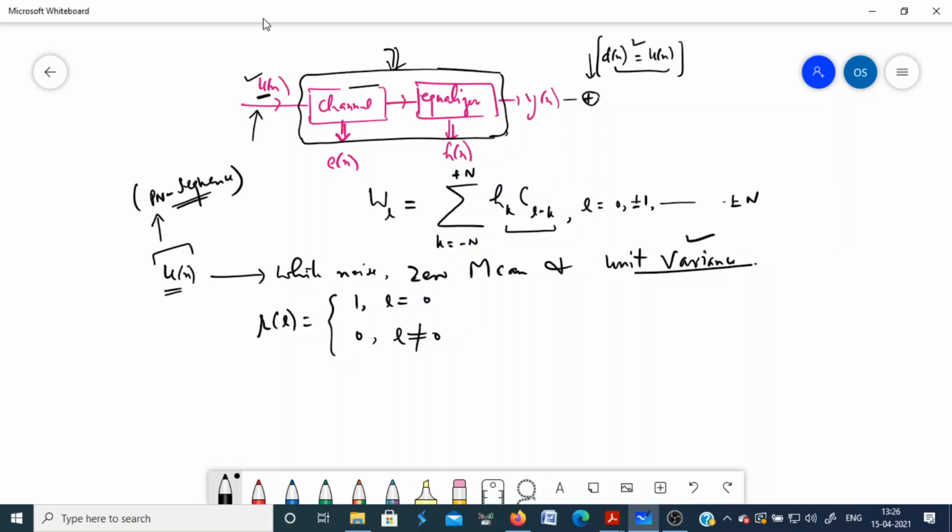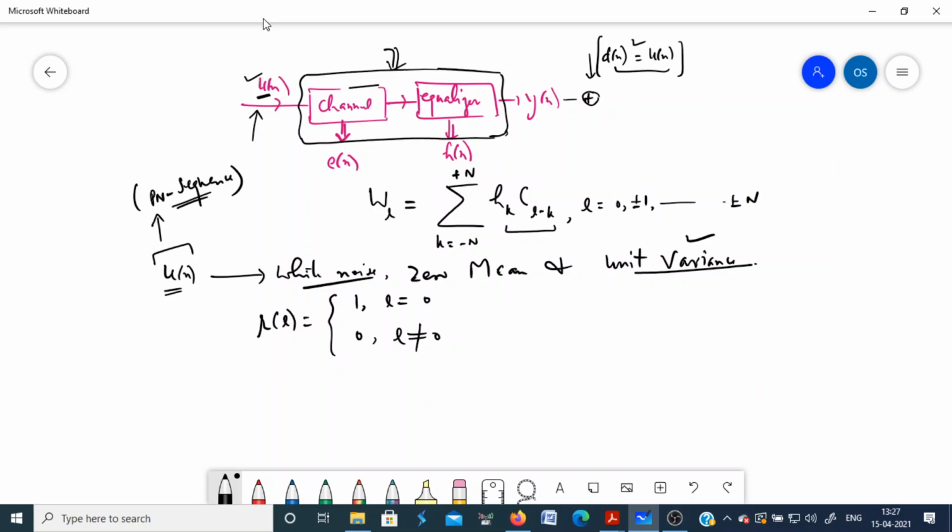This is how you can make Dn and Un equal. This Dn, a pseudo random sequence, is a very close approximation of your white process. So assuming that Un is a white process, the correlation for this sequence at lag L equal to 0 is 1, and for L not equal to 0 is 0.